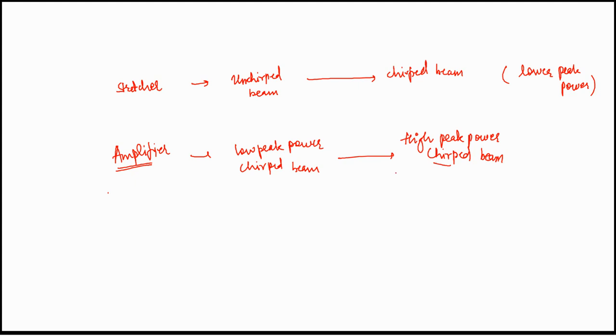The third thing, what happens? We cannot use this chirped beam for our purpose. So what we use again is a compressor.